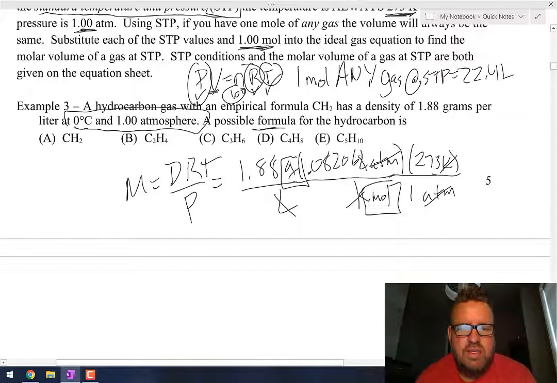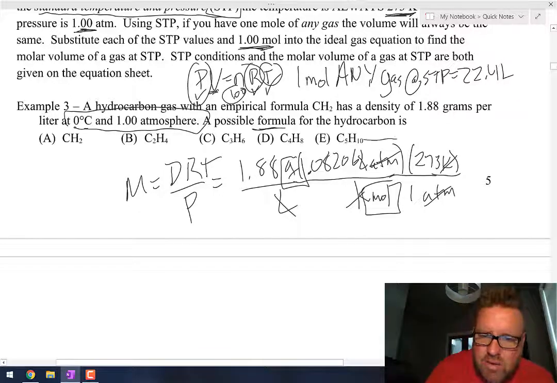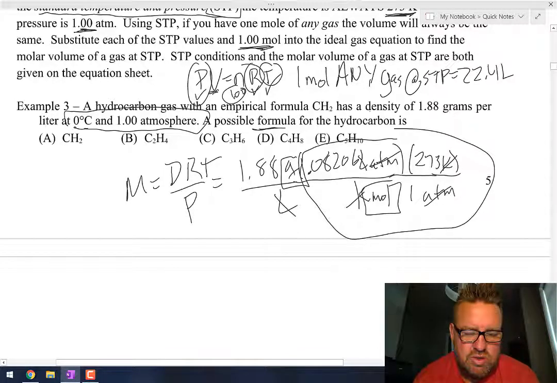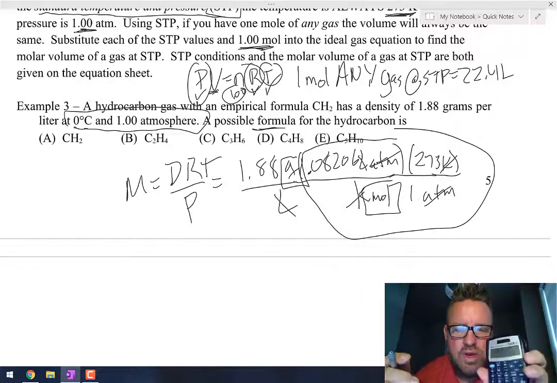Okay, so now we're going to take 1.88. We're going to multiply. This is the part right here. If you look at this, that's the part that actually equals 22.4 in your calculator. If you just type in 0.08206 times 273 and then divide by 1, it's 22.4.